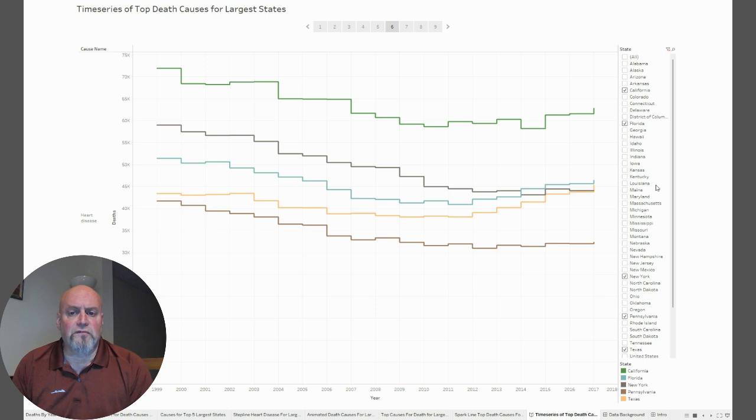Now, this is one of our first time series. We see a step line showing all the states as the numbers have grown. California, of course, at the top of the green, made some progression on heart disease, but it grew at the end.